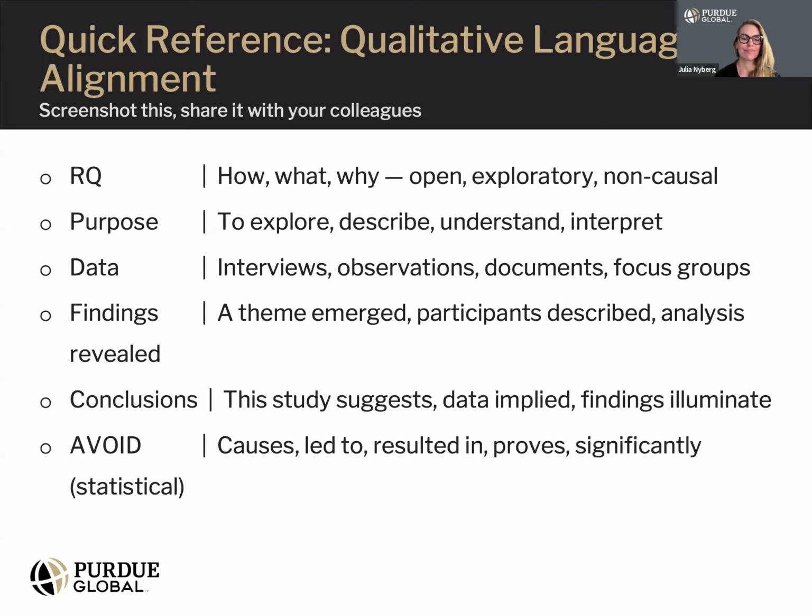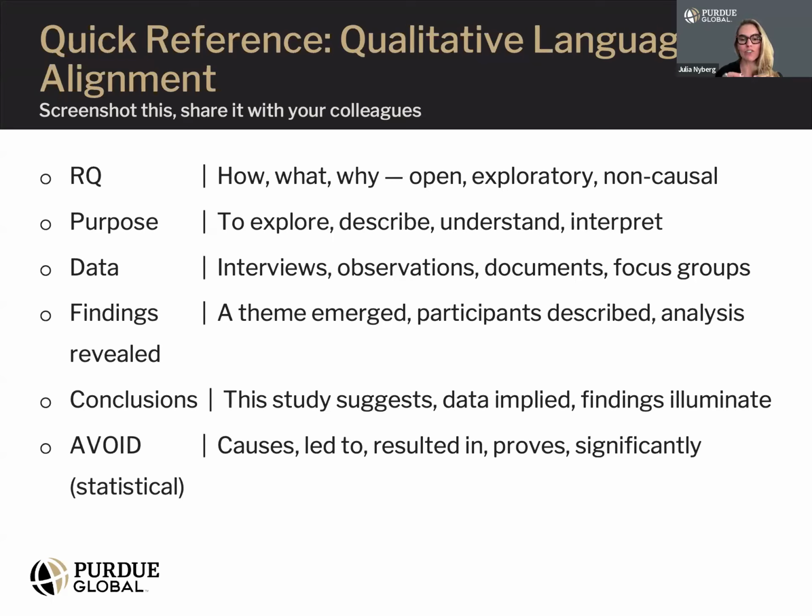Your data. Your data is interviews, observations, documents, focus groups. Qualitative data is textual and experiential. Your findings. Your findings language should say things like themes emerged, participants described, analysis revealed.